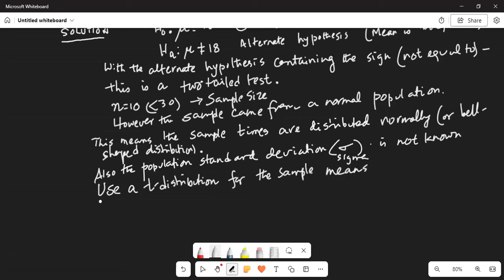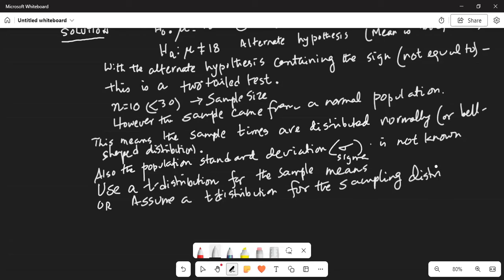We would have used a z distribution if we had known sigma, but since sigma is not known, we'll assume a t distribution for the sampling distribution.